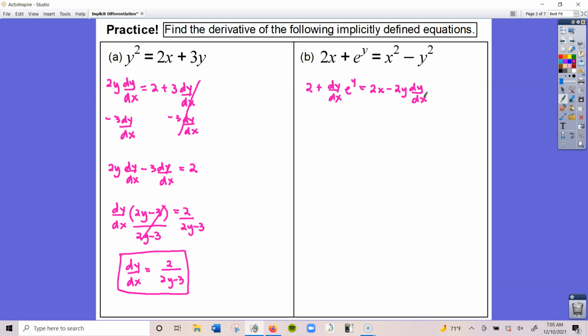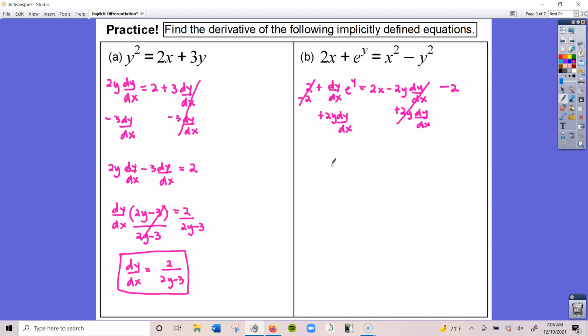Now we want to get all of the dy dx's over on one side and everything else on the other. So I'm going to add this 2y dy dx. And I want to move this 2 over to the other side. So I'm going to subtract this 2.